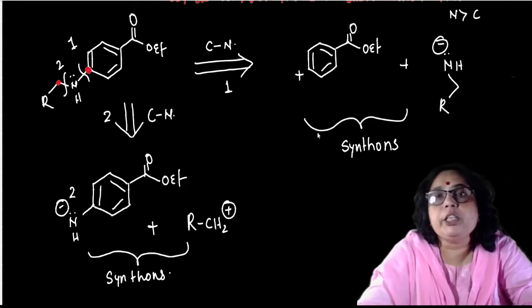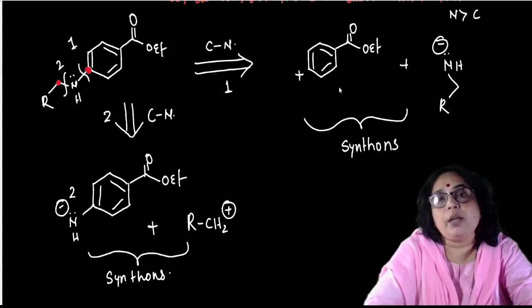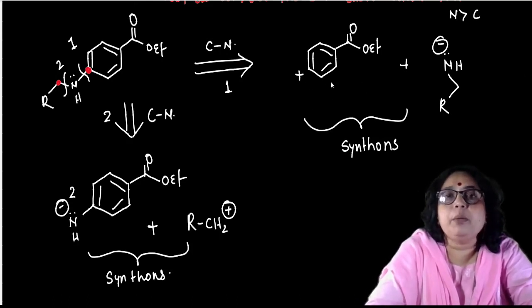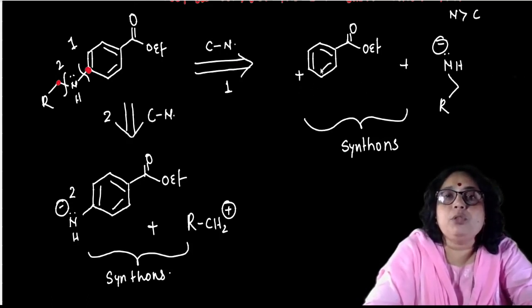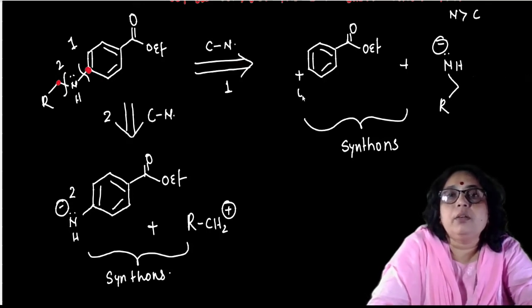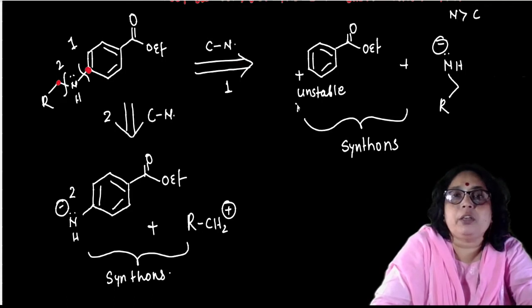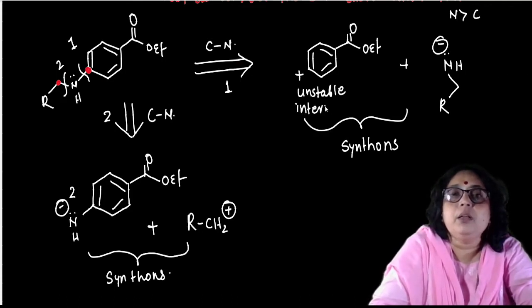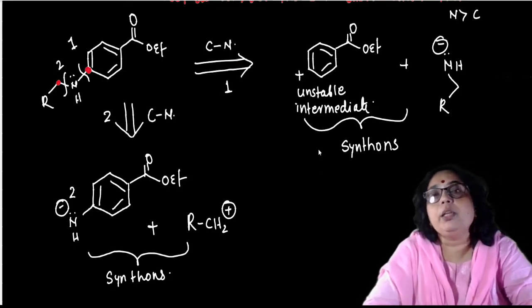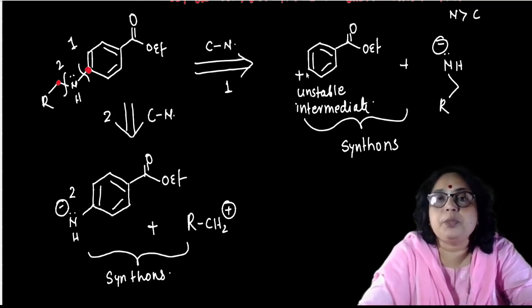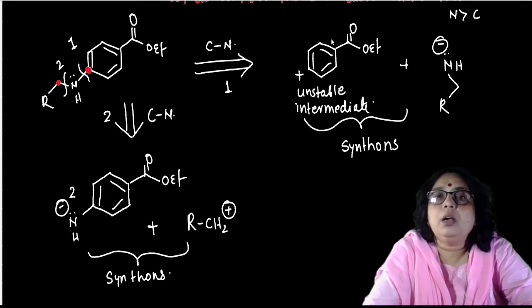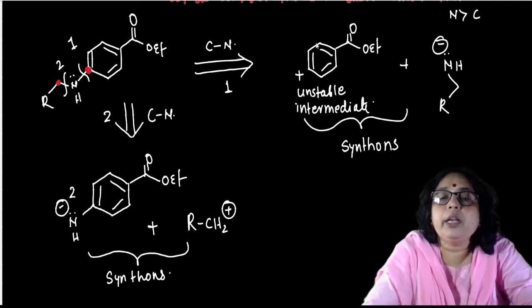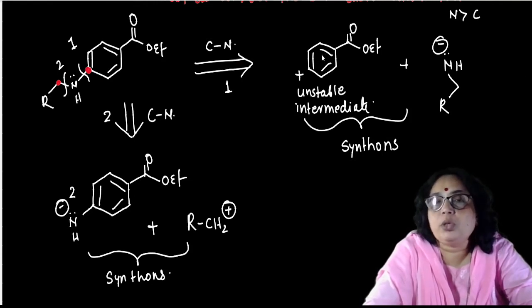Now which synthons are good synthons? Every time, please remember this, a positive charge on the aromatic ring will give you a very unstable intermediate. Only in the nucleophilic substitution reaction you can create the electron deficient center at the aromatic ring by diazotization.